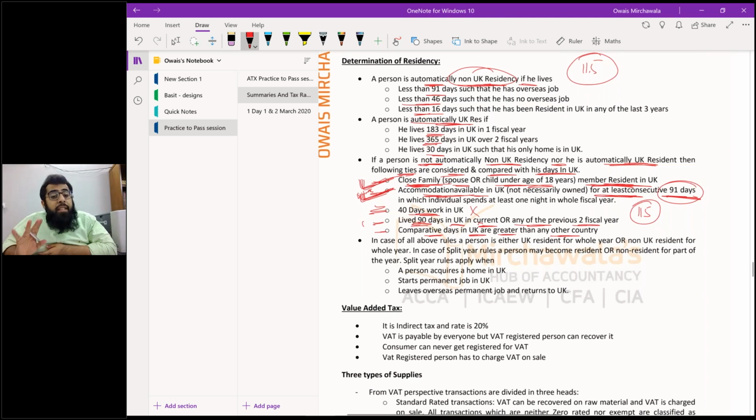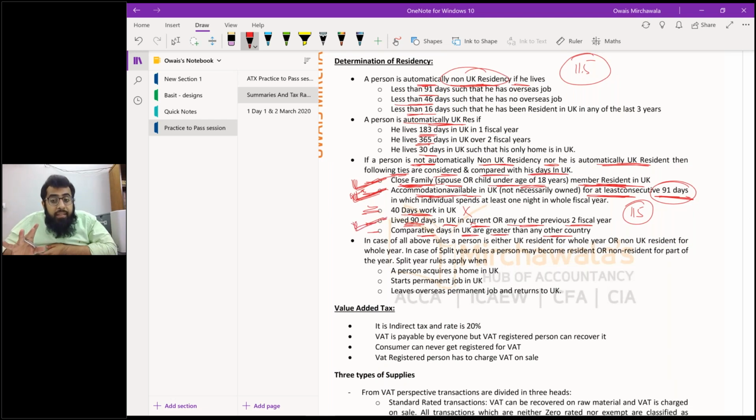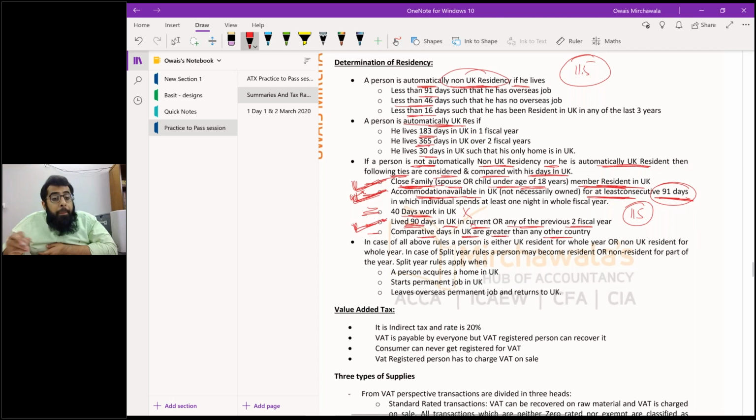Lived 90 days in UK. Yes, this tie is established because he has lived for more than 90 days. Yes, this tie is established because he is living 115 days.